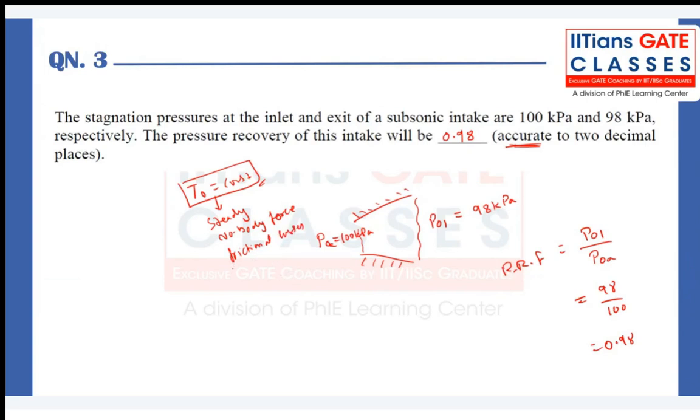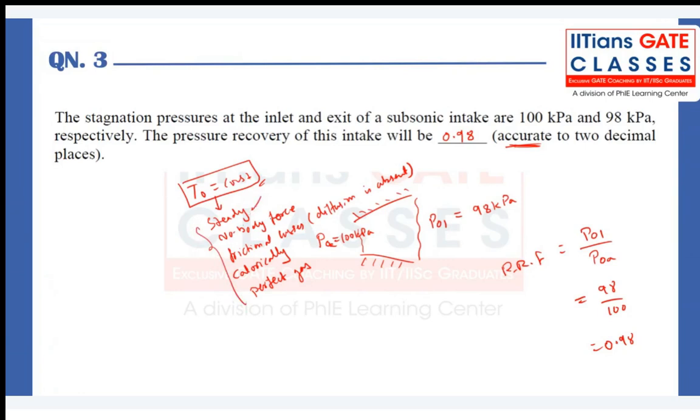That means no diffusion, and we are also introducing a calorically perfect gas. So this is how we actually define the total temperature. If it is not defined in this way, I cannot say T naught is constant. The steady process is very, very important, and no body forces involved.